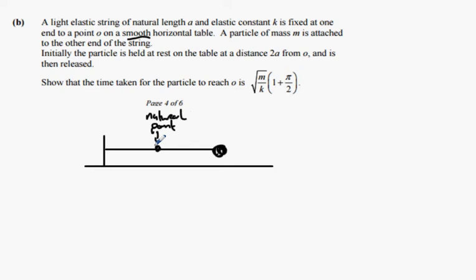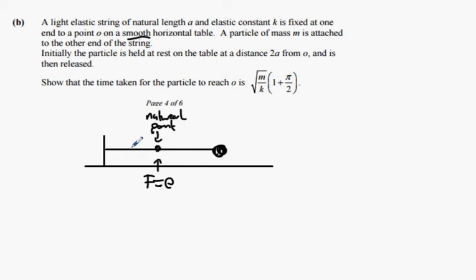What happens if the string is not slack whatsoever? Is there any force pulling you back? There's no tension, so it means force equals 0 at this point. It means that there is no simple harmonic motion beyond that point. Simple harmonic motion can take place, and then once it goes through here, all bets are off. It doesn't obey the other side.